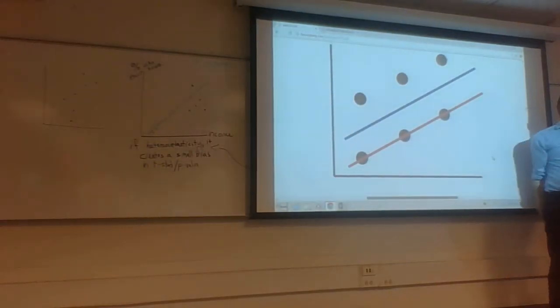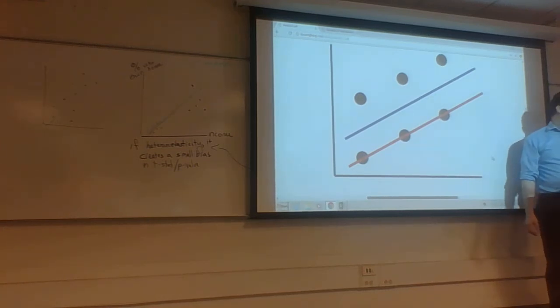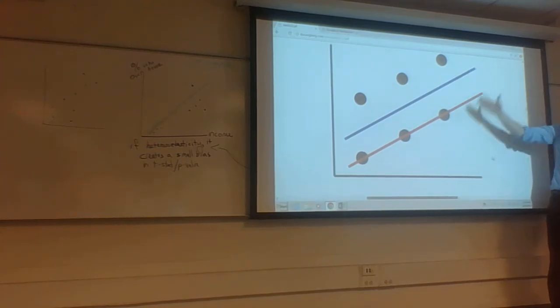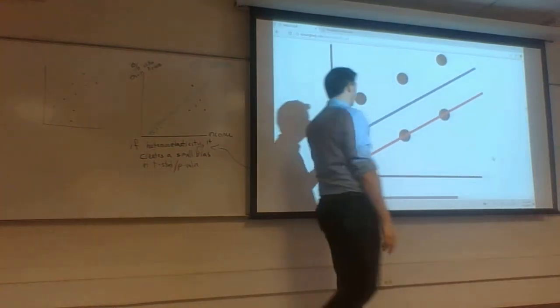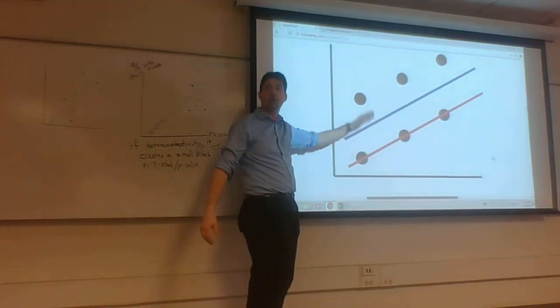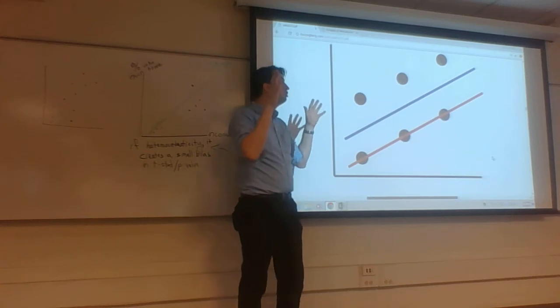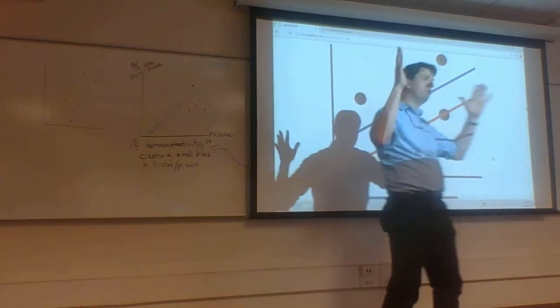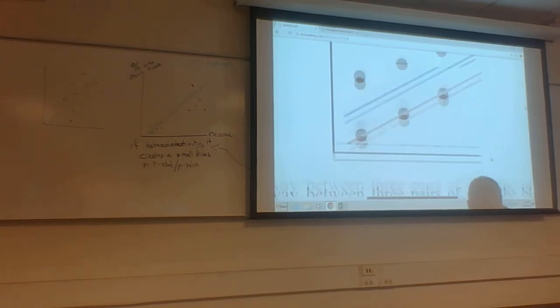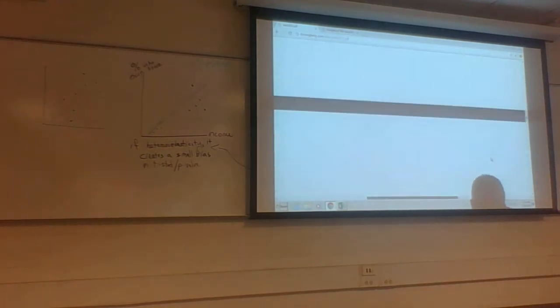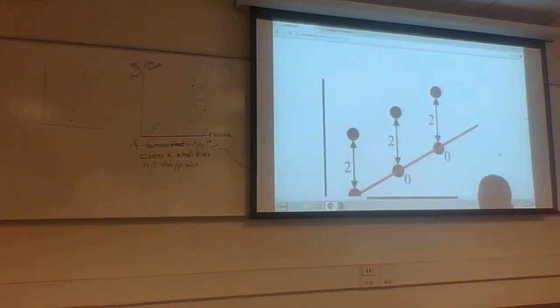Which one is a better fit? The blue line or the red line? The red line? Which one is a better fit? Yeah, no, the whole data set, we have 6 data points. Clearly the blue is the better line, right? So if you took the absolute value of the residual rather than the square of the residual, they would be exactly the same.